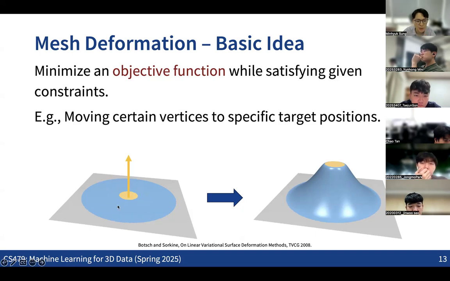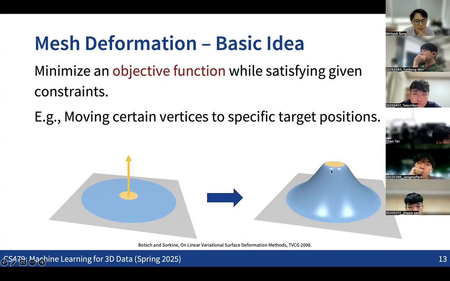Basically choosing new positions for the vertices in the light blue area, while satisfying two conditions: the vertices in the gray area should be fixed, and the vertices in the yellow area should be moved upward.